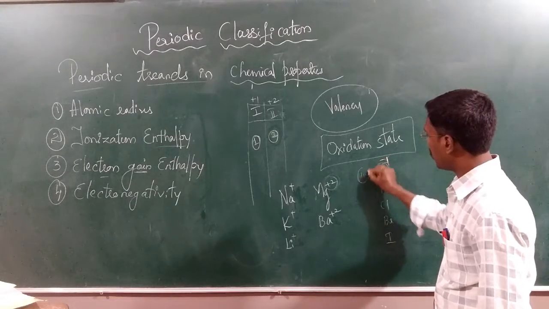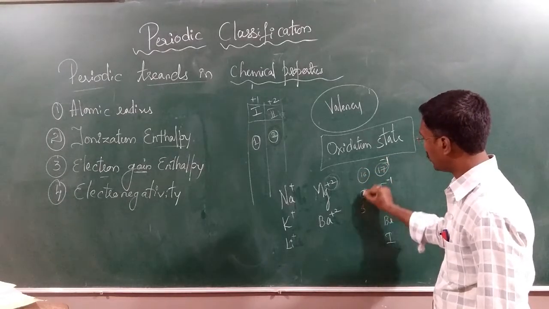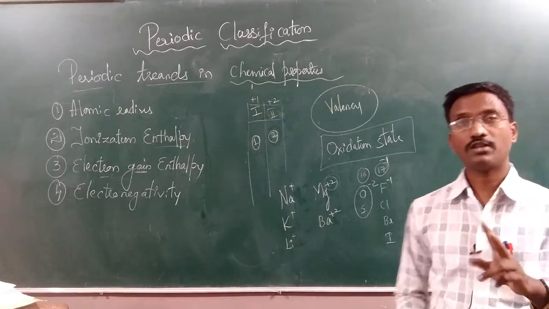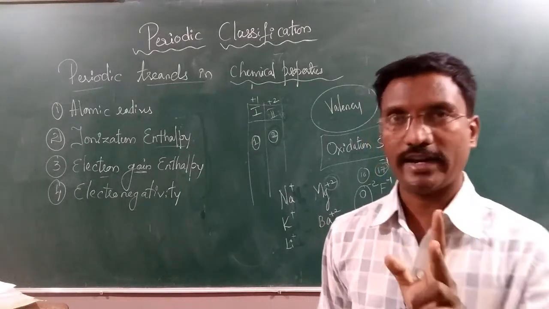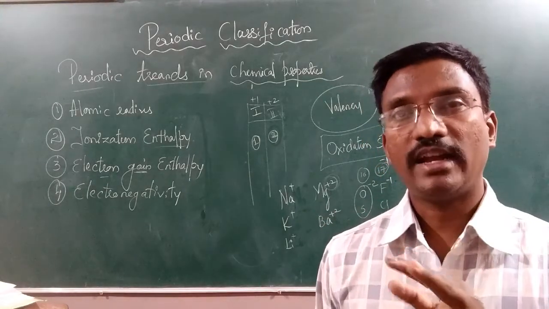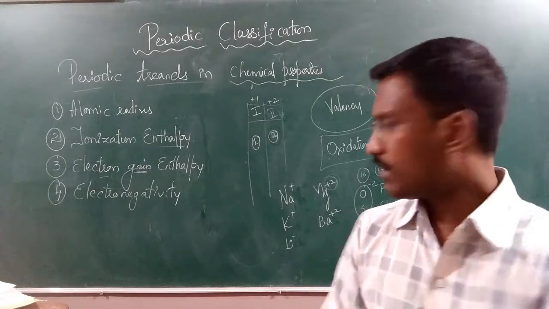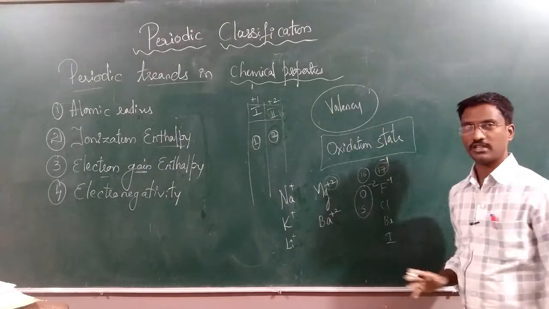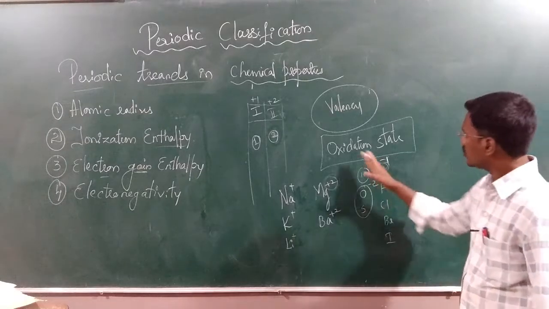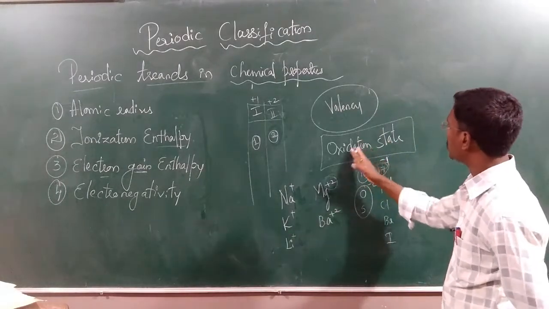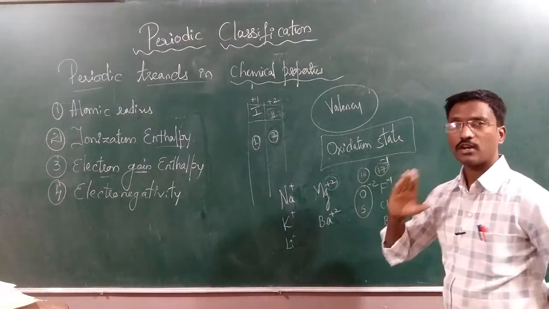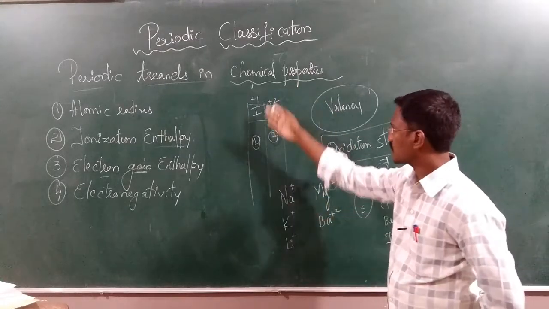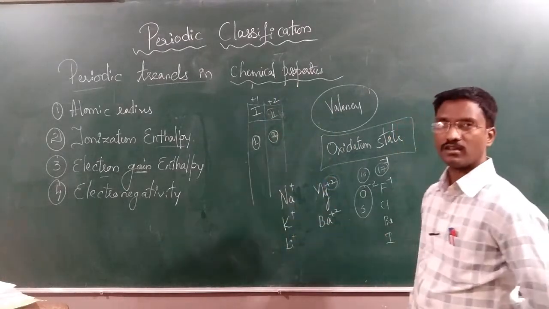Similarly, group 16 elements, that is oxygen and sulfur, have the charge minus 2, meaning they are going to receive 2 electrons. So the number of electrons received or the number of electrons lost is called the oxidation state. Elements having the same oxidation state are going to undergo the same chemical properties. The same thing I explained: group wise the properties are similar.